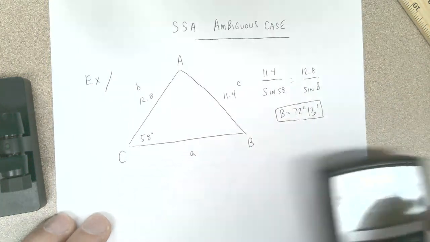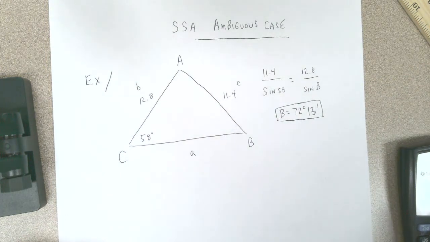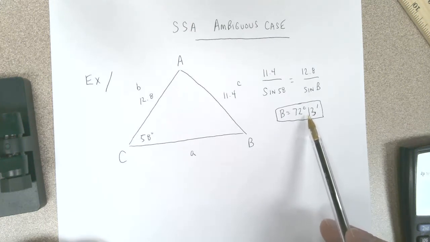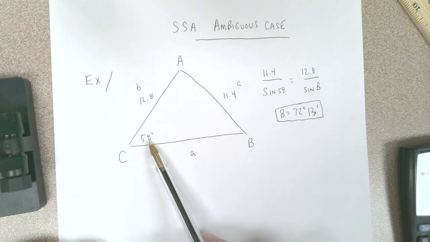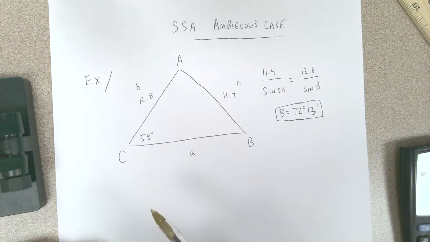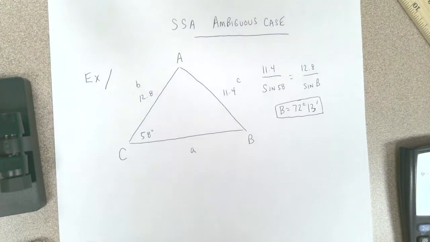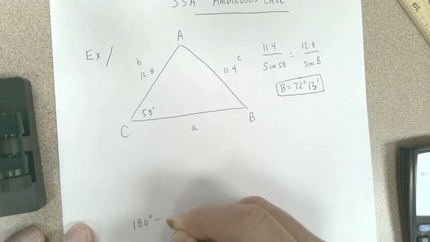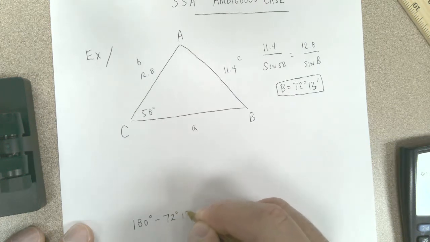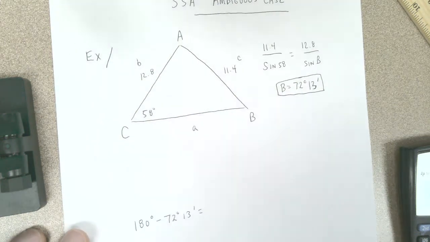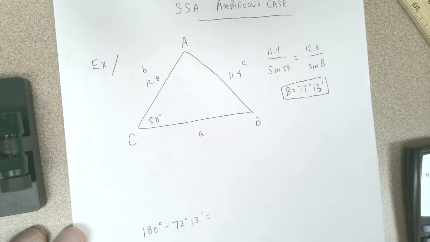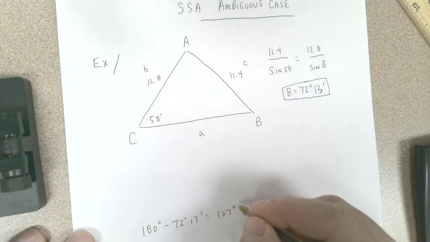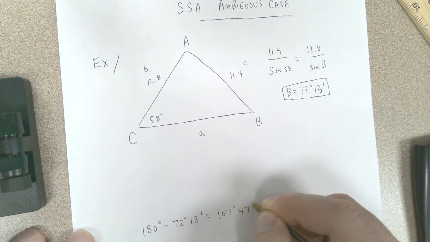Now what I have to check immediately is whether the supplement to this angle will form another triangle with the 58. So I'm going to do 180 degrees minus 72 degrees, 13 minutes, and I get 107 degrees and 47 minutes.